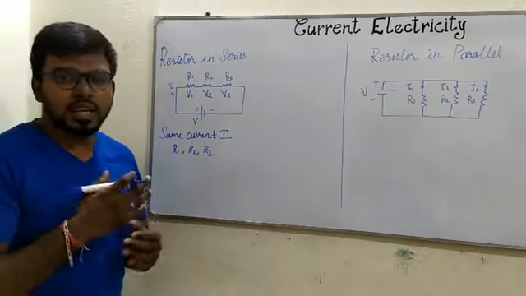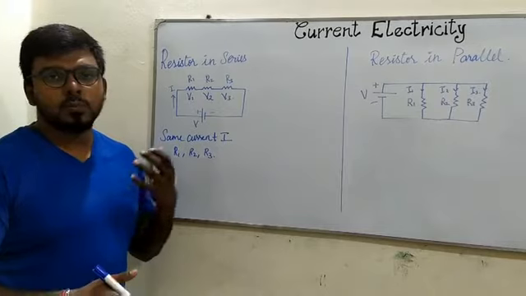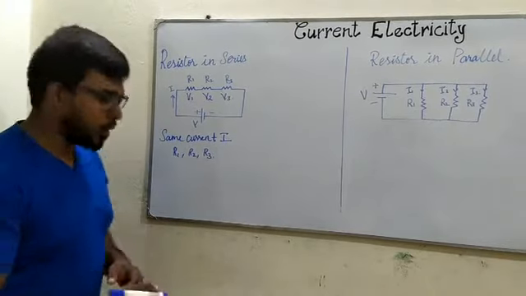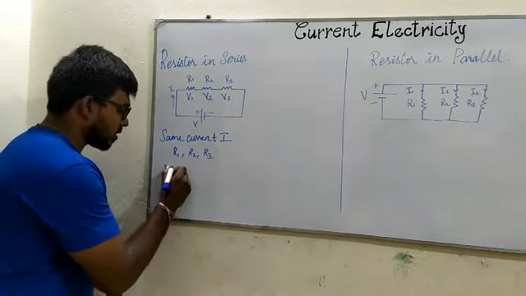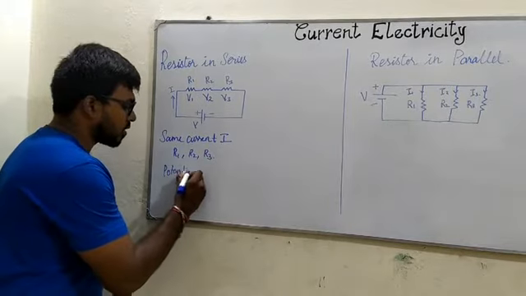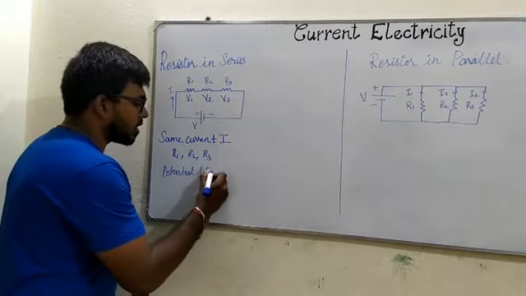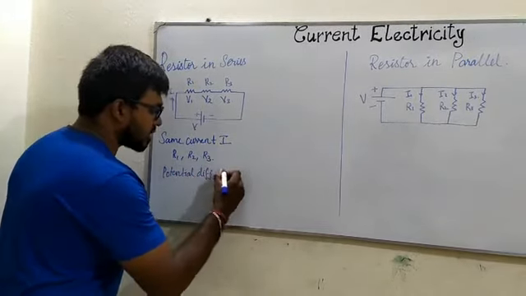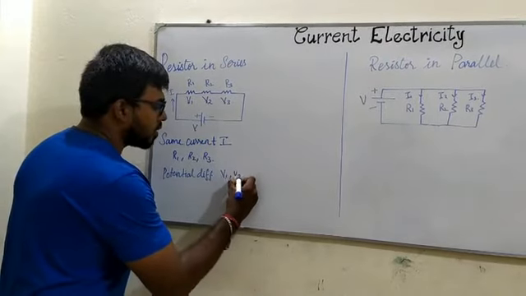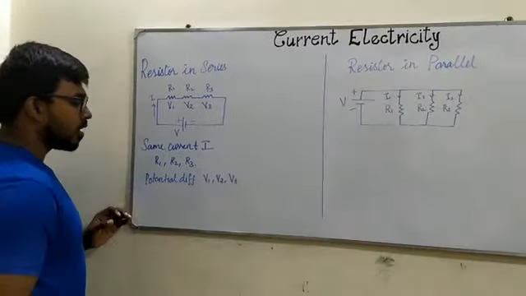As there are three different resistors, the potential difference also varies. Potential difference in all the three resistors can be written as V1, V2 and V3.